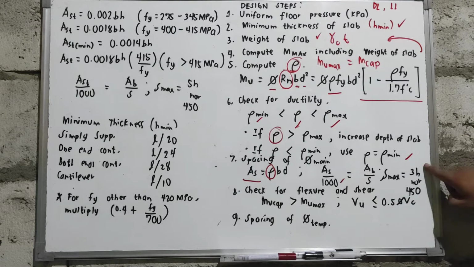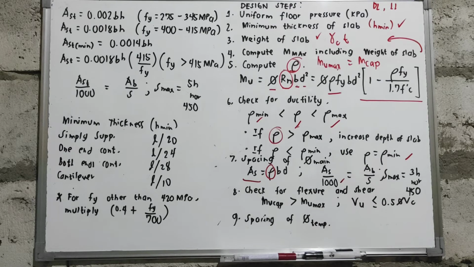So that will be 3h or 450 mm. So itatrace lang natin yung nakuha nating thickness ng slab natin and i-compare din natin yan to the 450 mm. So after natin ma-compute yung spacing ng main bars natin, we're going to compute for the value of the spacing of your temperature bars.